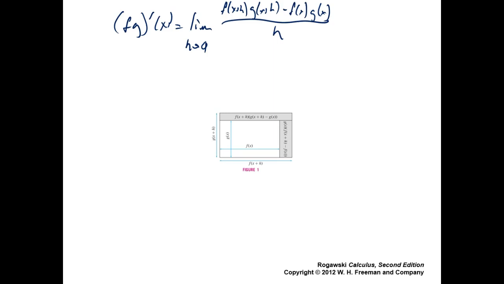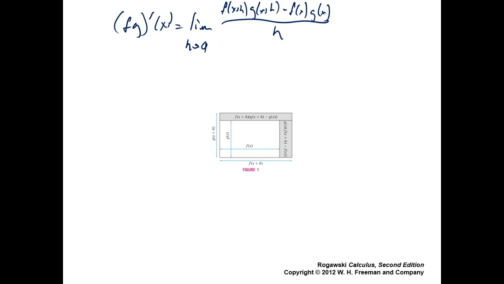So basically this part of the numerator is this big rectangle here, minus f of x times g of x, okay? There's no limit involved in this. So that's saying the difference between this and that is this times h, okay?